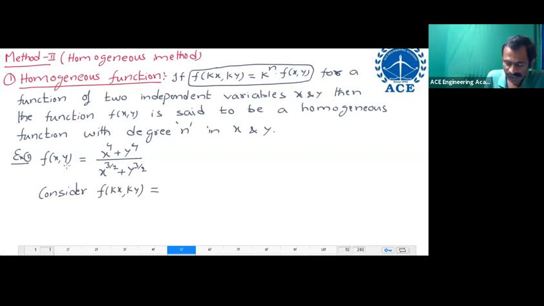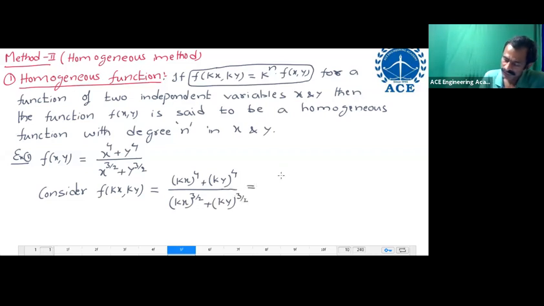In the function f of x comma y, replace x by kx, y by ky, and check whether it is written as k power something into the same function or not. Kx power 4 plus ky power 4 divided by kx power 3 by 2 plus ky power 3 by 2.